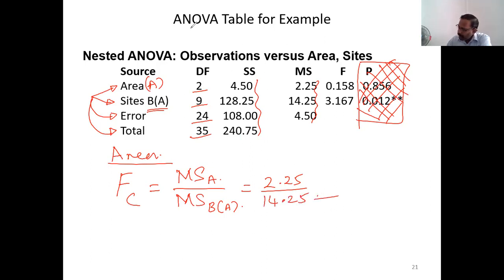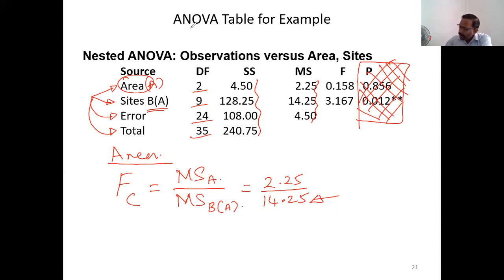Usually this is replaced by the error term. But can you remember, here we are using the site B mean square as the error term, because it is random. Because it is a random factor, area can be divided by the site as the error term.